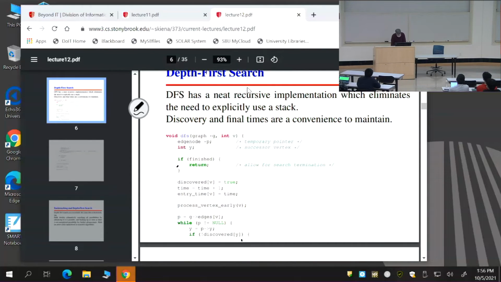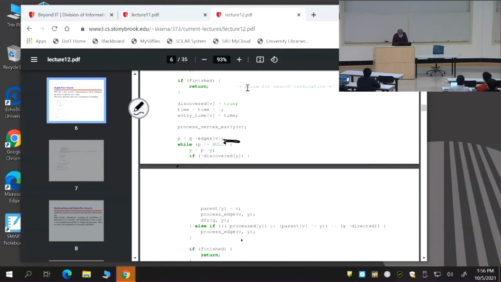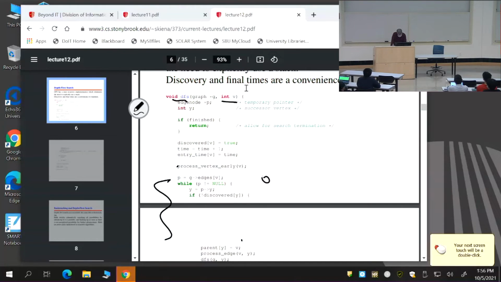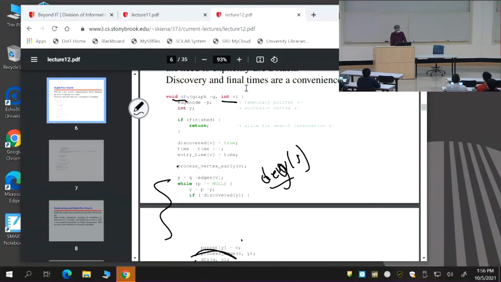It is starting from a vertex V. This DepthFirst Search call for a vertex V is going to take degree of V time and then call vertex Y, right?